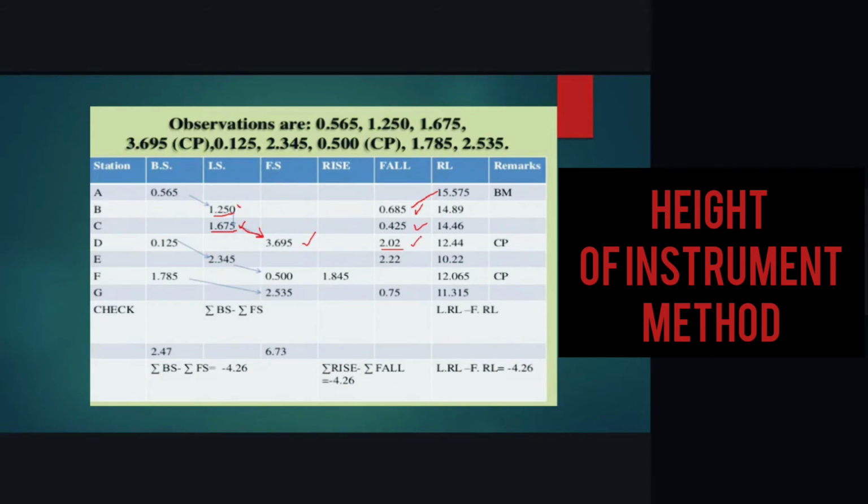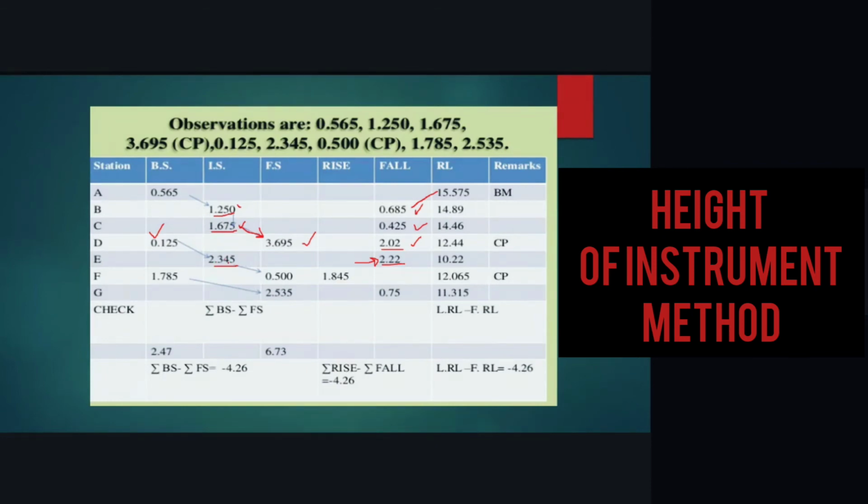So it ends here, and from the next station, after the foresight reading of 3.695, the instrument is shifted, so you have to again start from the back side to calculate the rise and fall. So you subtract 0.125 minus 2.345, you will get minus 2.22. You get a negative value, so you write it in fall.